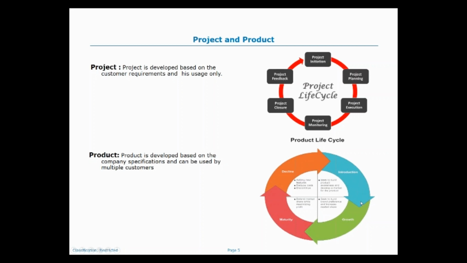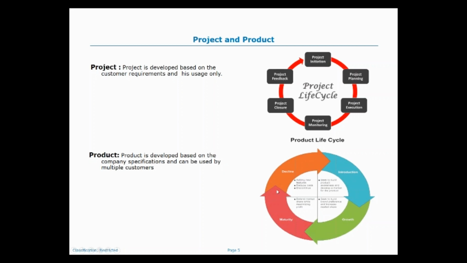Then in the growth you are trying to understand the market share. If I launch this product, what is going to be my market share? Is it going to be bought by somebody in the market? Is it going to be useful or not?